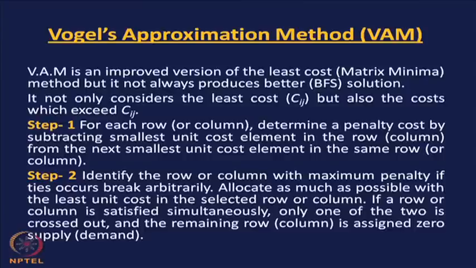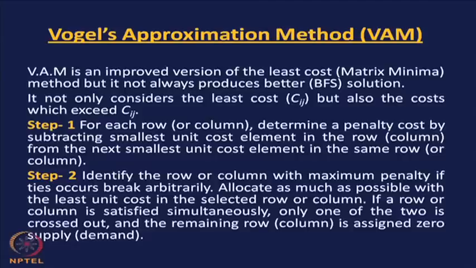If a row and column are satisfied simultaneously, only one of the two is crossed out, whichever you have already satisfied, and the remaining row or column will be assigned 0 supply or 0 demand.